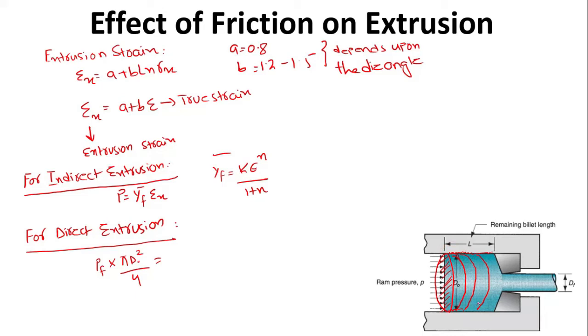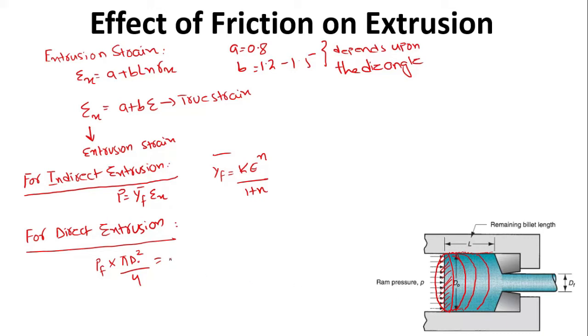So the friction is present along this whole contact surface, along this whole circumference for this length, right? So this extra pressure we are exerting on this cross section should be equal to the friction that is present here, to reduce its effects.